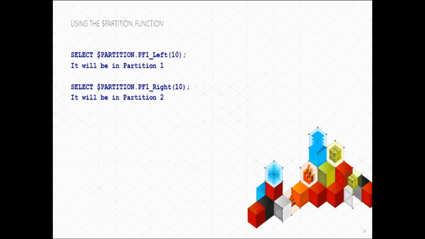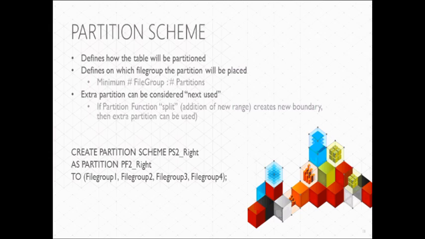Based on the range direction, left or right, and the boundary values, it returns a result indicating what partition a particular value belongs to. In this example, you can see the result for SELECT $PARTITION.PF1 on left, it will be in partition 1, and for PF1 right, it will be in partition 2.